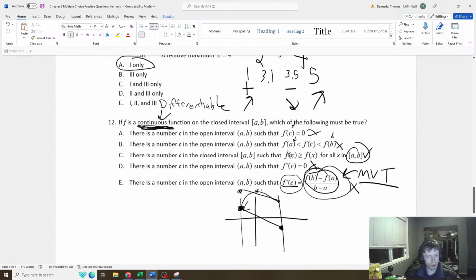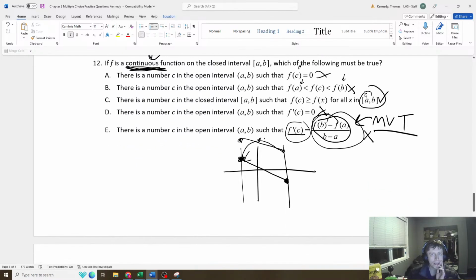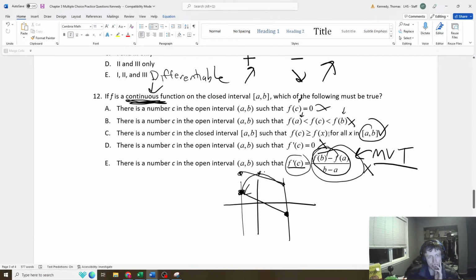So 12. The one there needs to be a high point at some point in the interval. The reason why it couldn't be the mean value theorem is because the function was not differentiable. It was only continuous. We know nothing about whether or not it has a relative maximum or minimum. It could just be a straight line. That's why I drew these pictures.